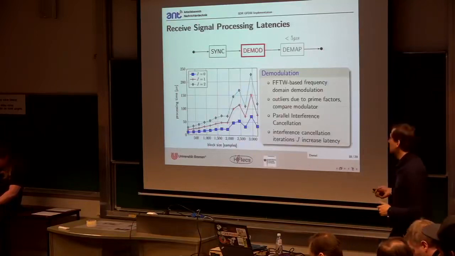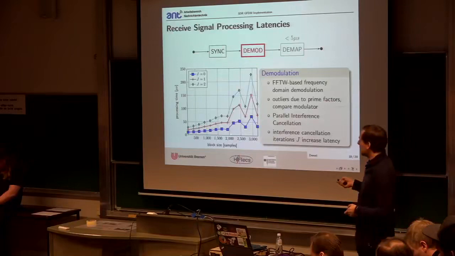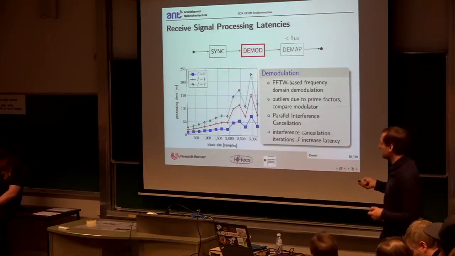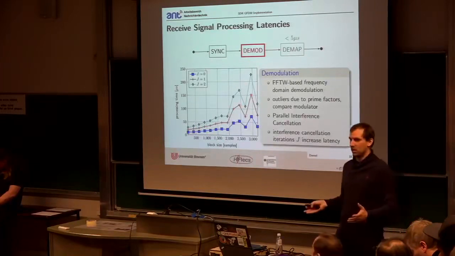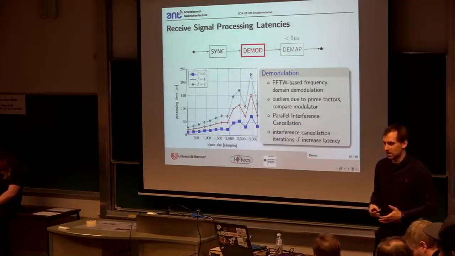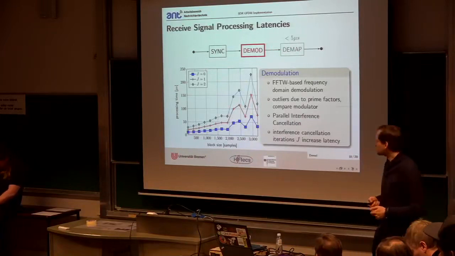But we can also see that if you need to do more interference cancellation, of course that will add up to our latency as well, but actually not too much. It's not like we can't afford a few iterations of interference cancellation without going over our latency budget.